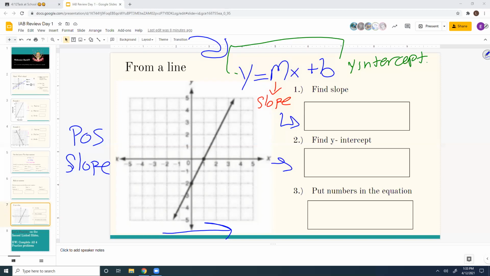Slope triangle. Okay, how many lines? How many do you want?